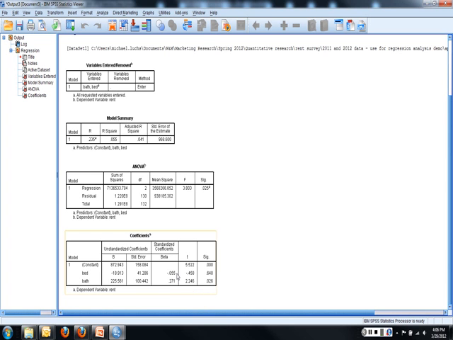And that's where the standardized coefficients come in. Essentially, what SPSS is doing is it's looking at the data and transforming it so that each of these variables has a mean of 0 and a standard deviation of 1. You don't need to worry too much about that. Only know that it's standardized the data, so now these are comparable.